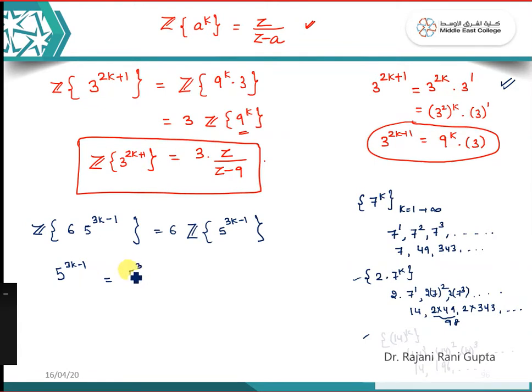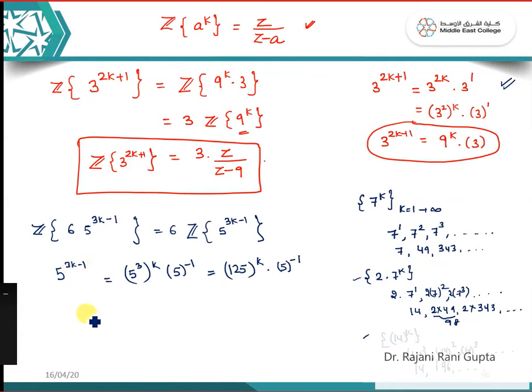So you can write 5 to the power 3 times k and 5 to the power minus 1. When you solve it, it gives you 125 to the power k and 5 to the power minus 1. Now it's up to you, you can write it as divide by 5 or leave it like 5 to the power minus 1.